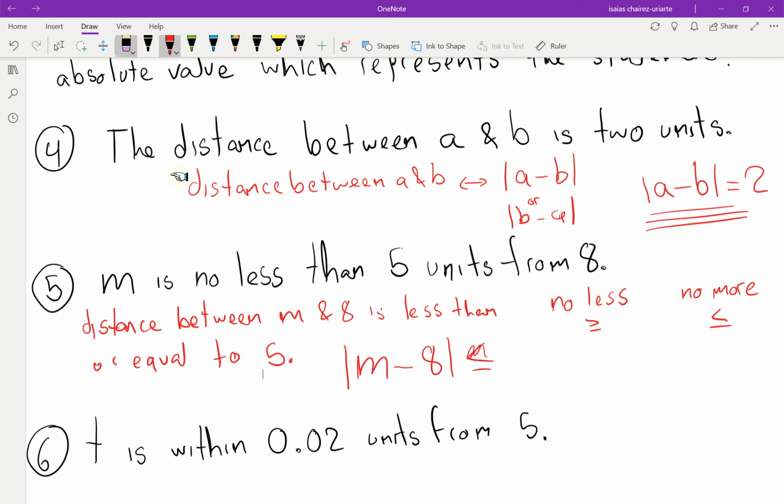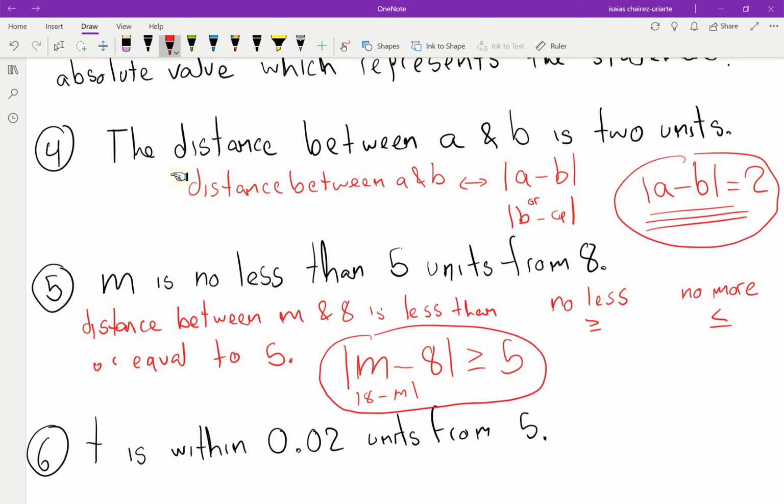Sorry, let me erase that. Bigger than or equal to 5. You could also use absolute value 8 minus M. That would also be correct. Because that's the distance between M and 8. And that's my answer. This is my answer right here. This is my answer up here.